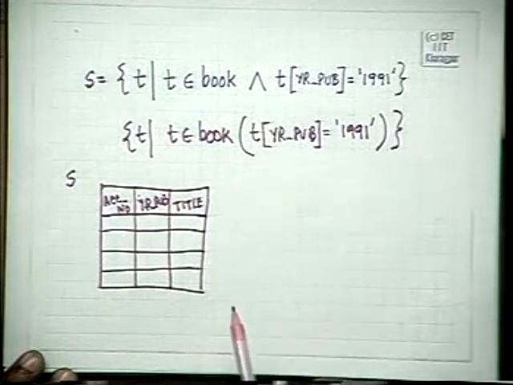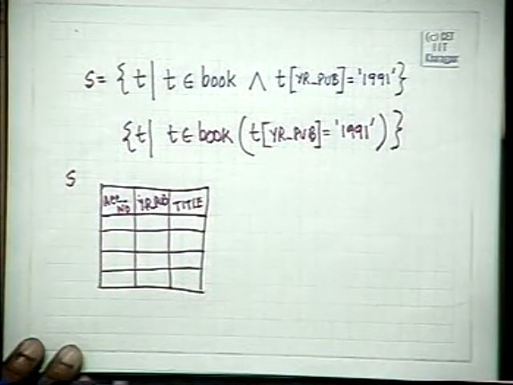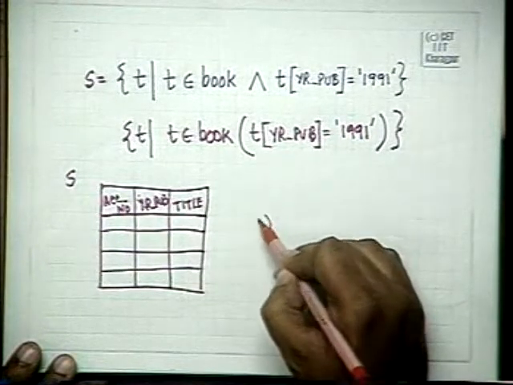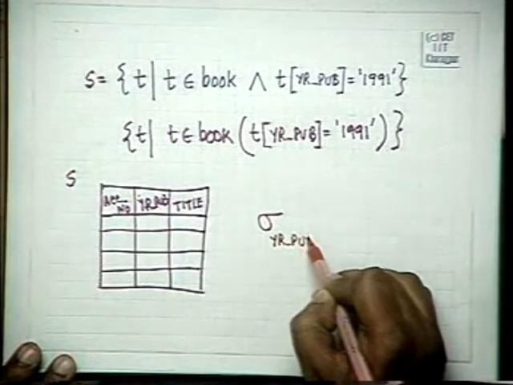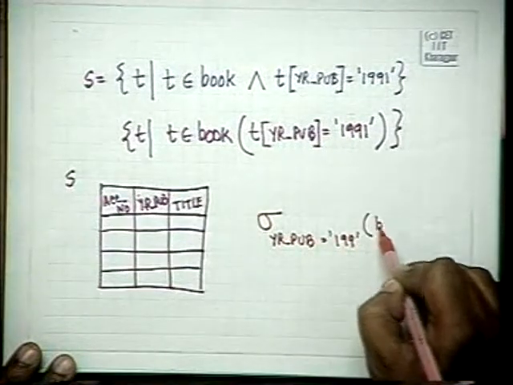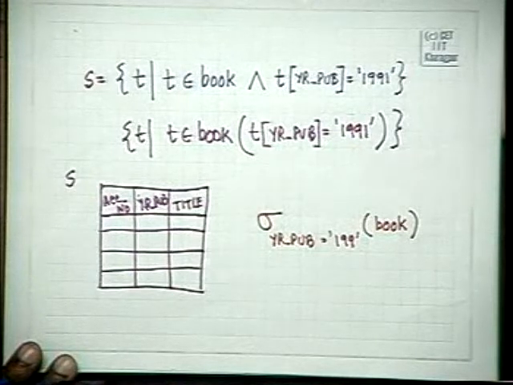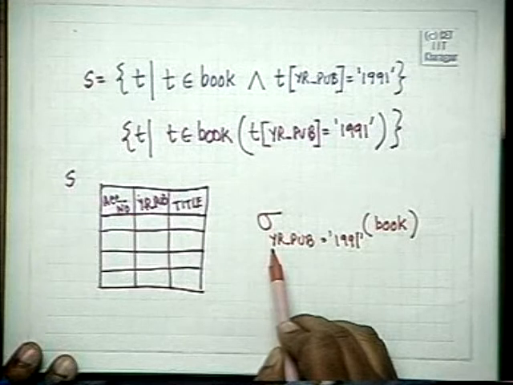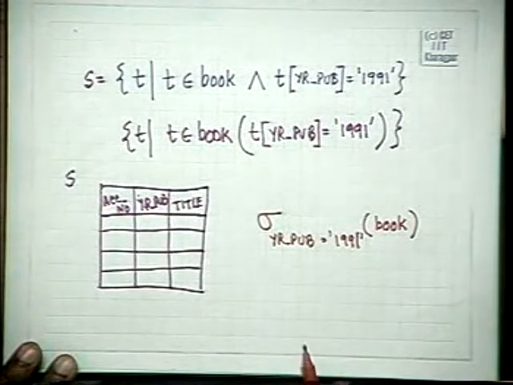Now, let us see a few things regarding this. What is the equivalent relational algebra expression for this? The equivalent relational algebra expression for this is select year of publication equal to 1991 of book.